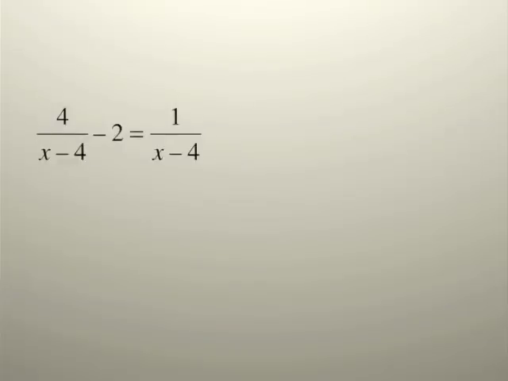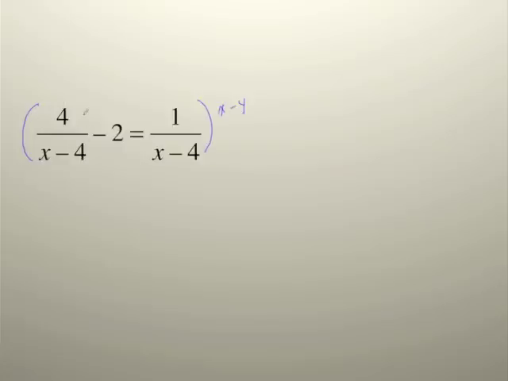I did say that equations with a variable in the denominator could be a linear equation. And just like we didn't want to work with the numbers in the denominator, we really do the same thing to solve it. My common denominator here is x minus 4.